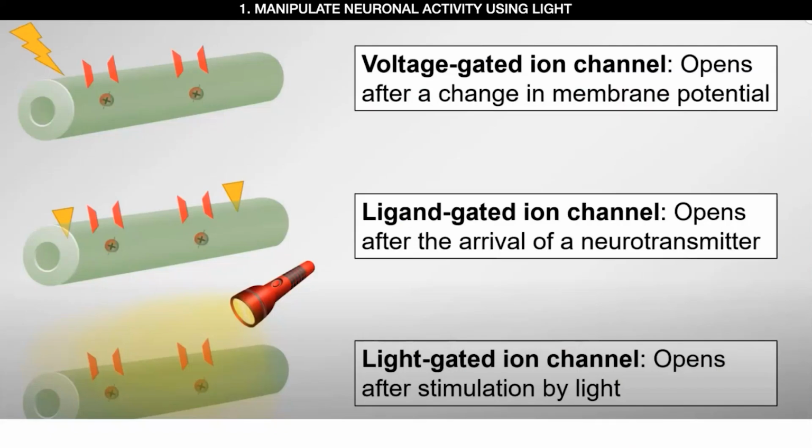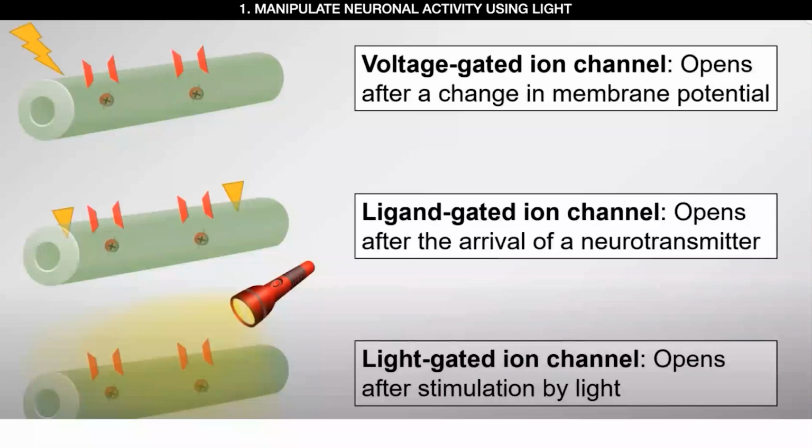So there are different types of ion channels present in our brain or in different organisms' brains, in the neurons. Some examples which you may already know are the voltage-gated ion channels, the ligand-gated ion channels, and again, the one that we are discussing today, the light-gated ion channels.